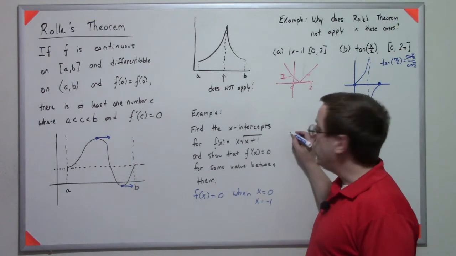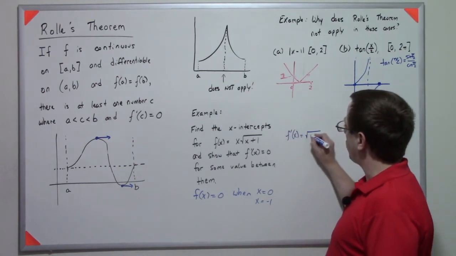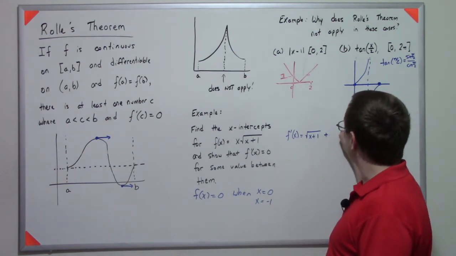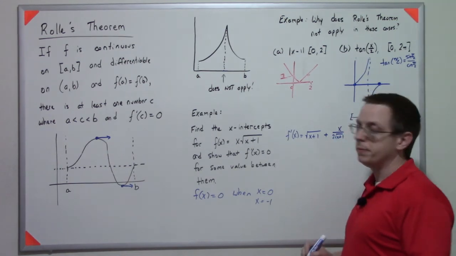So then we take the derivative, which by the product rule is the square root of x plus 1 plus x over 2 square root of x plus 1.